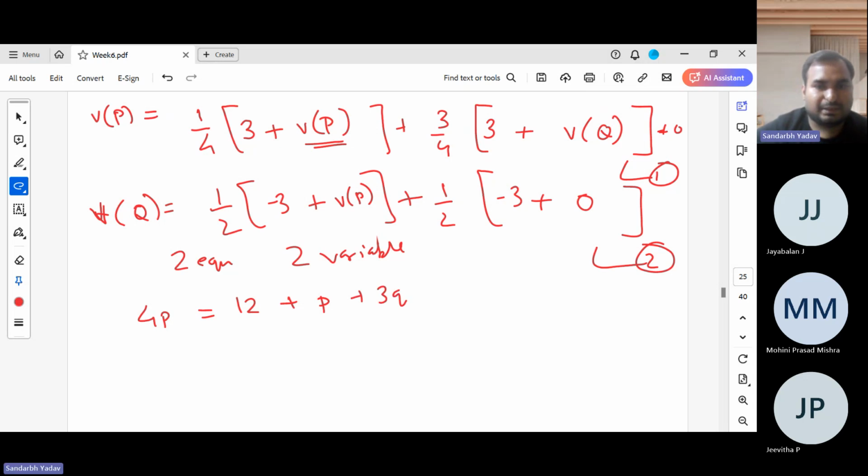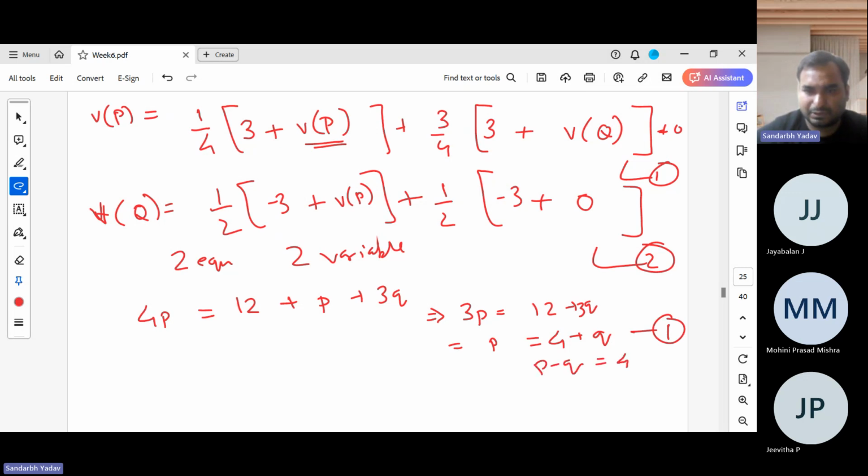So this implies P is equal to 12 plus Q over 4, so P is equal to 4 plus Q. Is everyone agreed with this? This is the first equation. Basically you can write P minus Q is equal to 4. Equation 1.